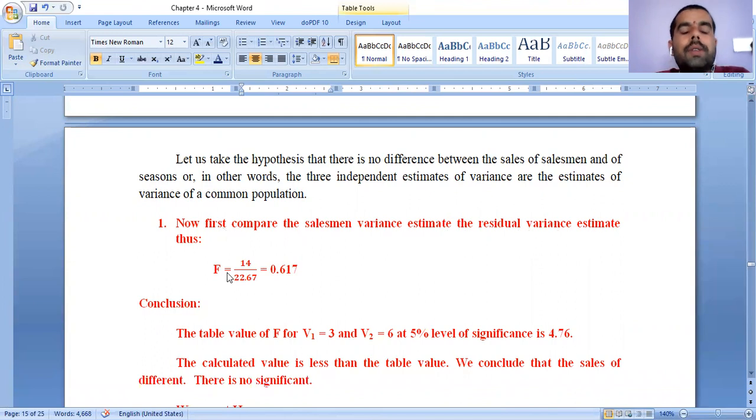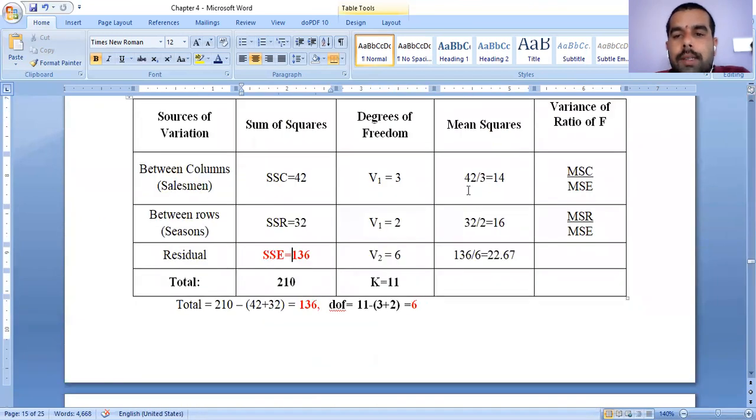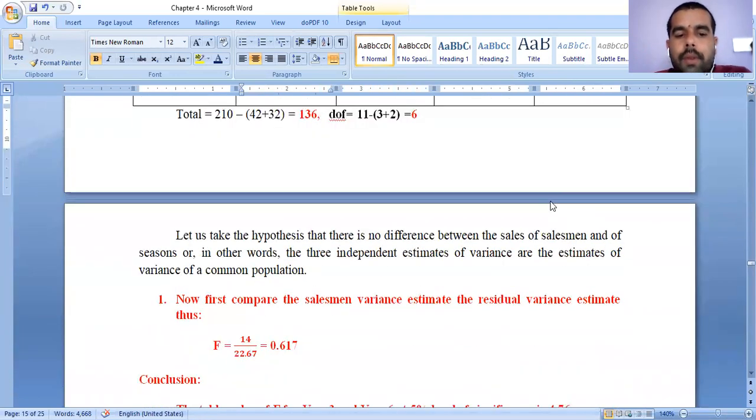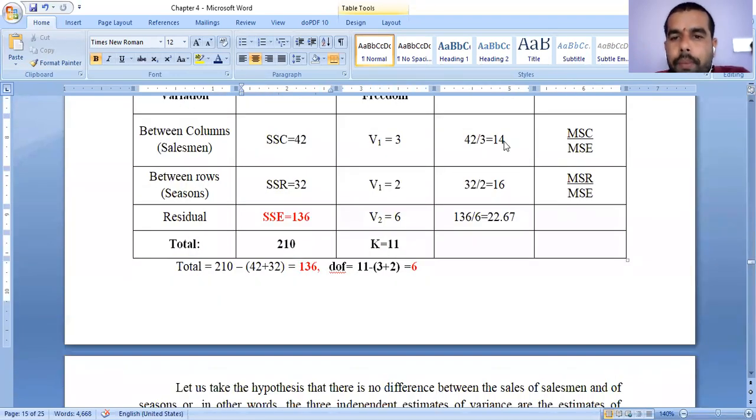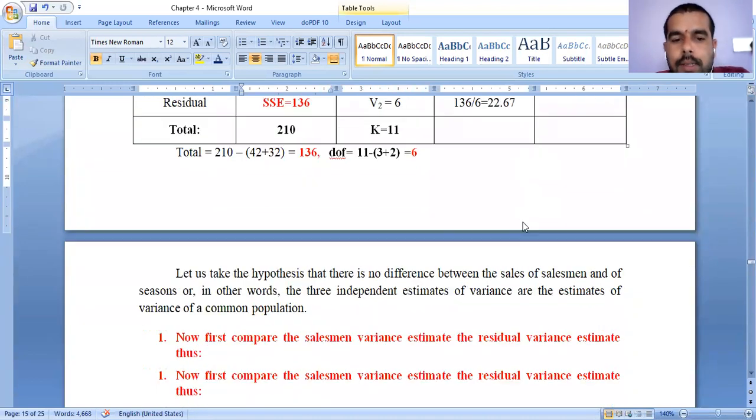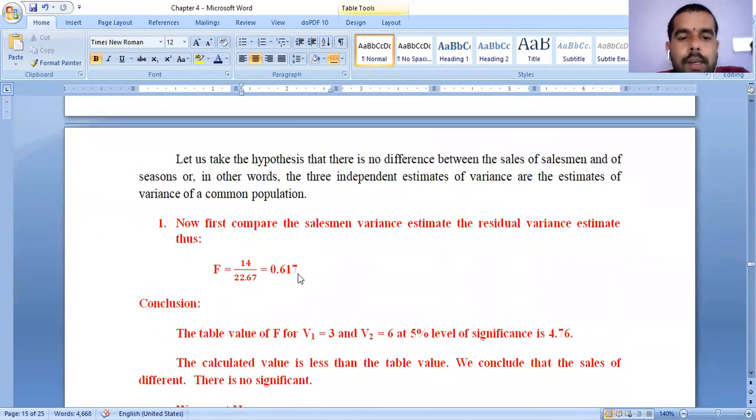Thus, F is equal to 14 divided by 22.67. 14 is MSC and 22.67 is MSR. That's why I have taken 14 divided by 22.67. Then you will get 0.61.